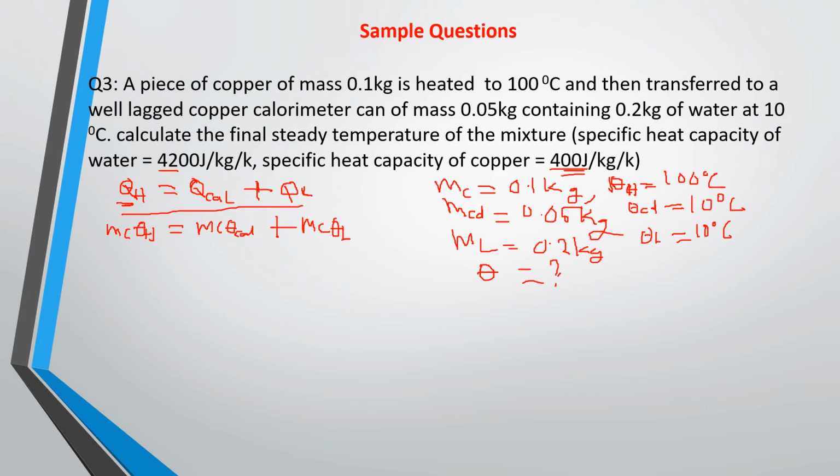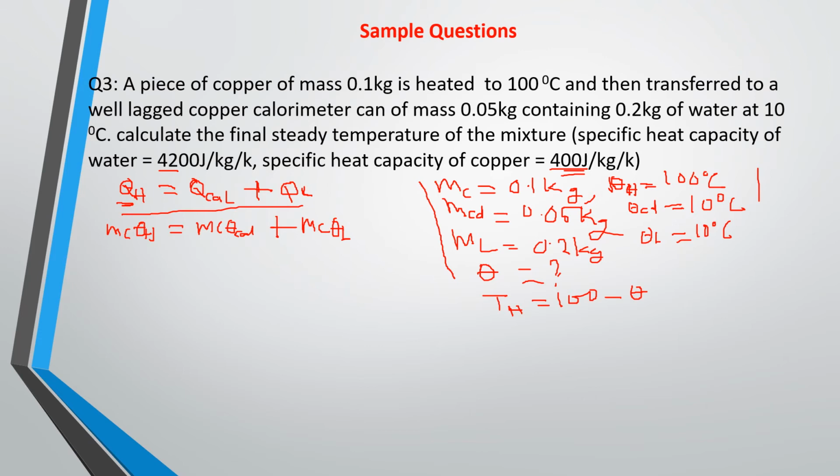Alright, so the important thing I want to first of all bring out here is the temperature changes. For the hot object that is brought, the temperature change will be equal to 100, which is the initial temperature, minus the final temperature, which is theta. Remember that the final temperature of the hot object will be less than its initial temperature.